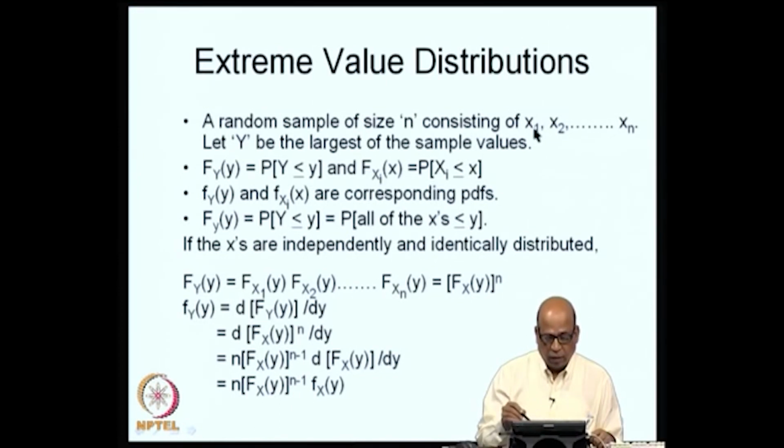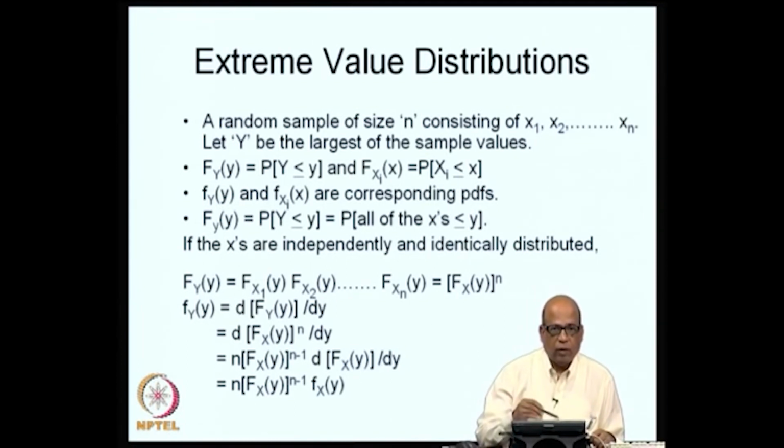Similarly, the x i's themselves are random variables, therefore we define the distributions for the x i's and denote F of x, which is the CDF, equal to the probability of x i being less than or equal to x. The associated PDFs are given by f y of y and f x i of x.